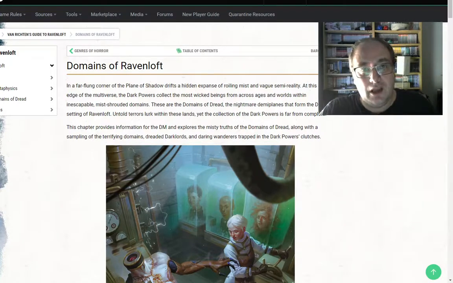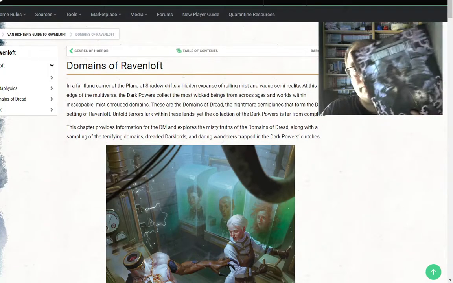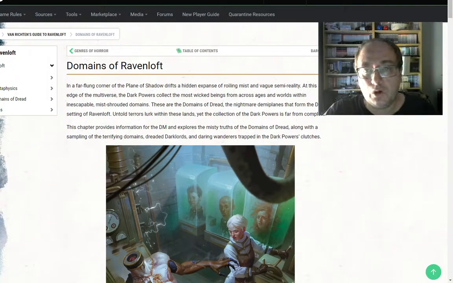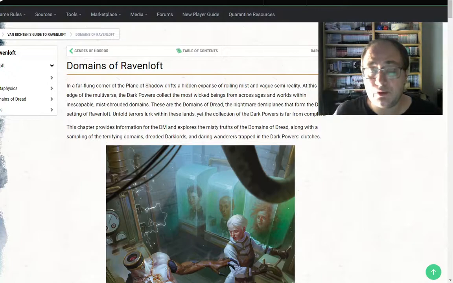So this book is organized much better and is focused a lot more on helping dungeon masters. Whereas this other book, which is fantastic, there's a ton of really good stuff in it, doesn't really help the dungeon master very much when it comes to the individual domains. There's a lot of other good stuff in there though, but that's a whole different topic.